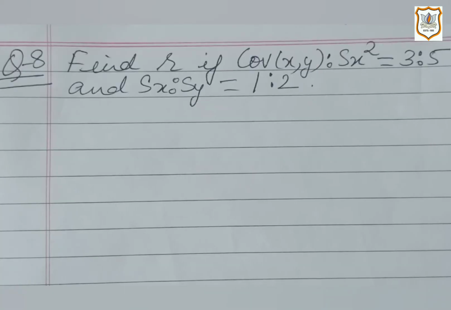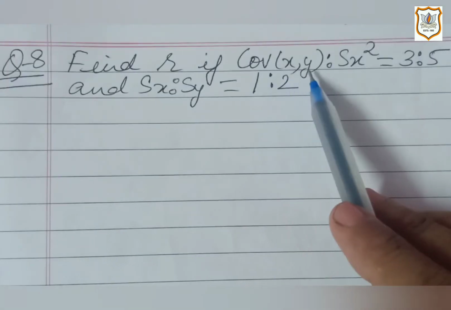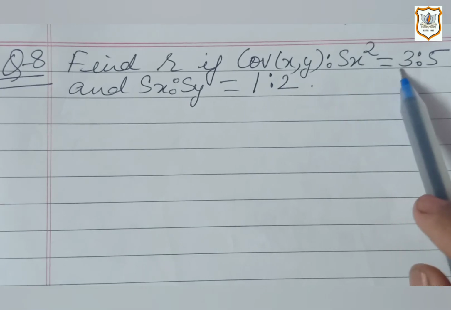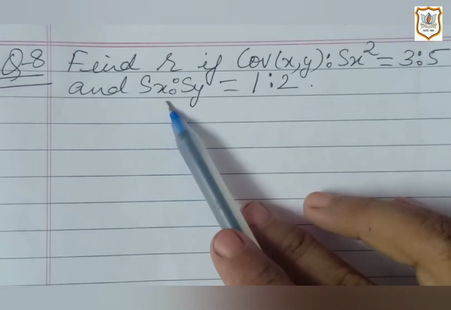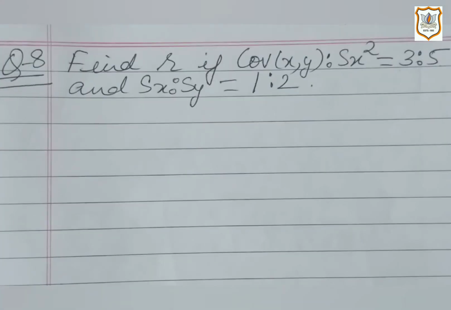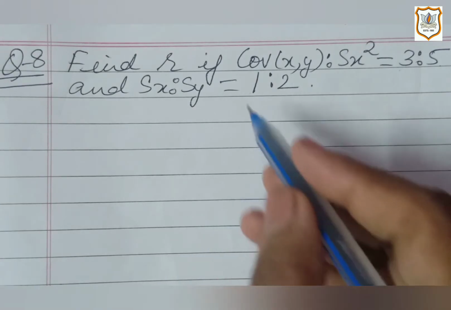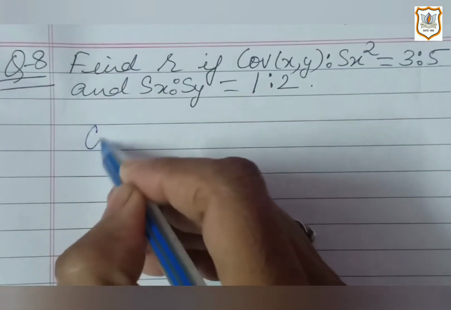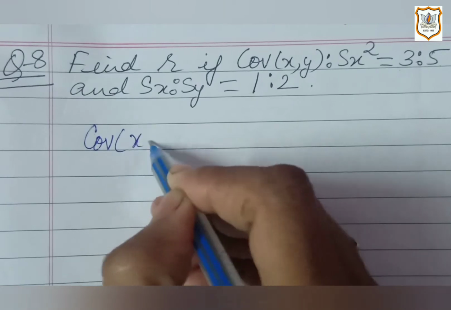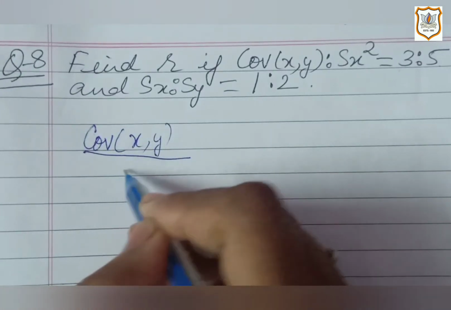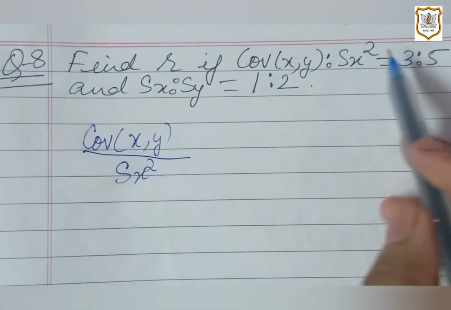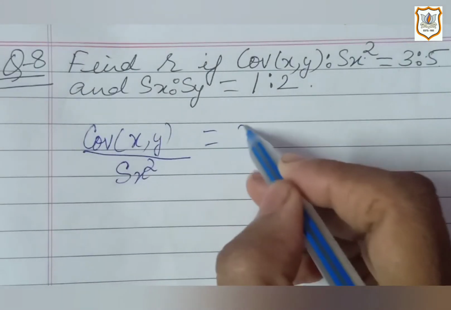Now let us solve another question, that is question number 8. Find R if covariance xy is to Sx square is equal to 3:5 and Sx is to Sy is equal to 1:2. So here from the first data we can write down covariance xy upon Sx square, that is this one, will be 3/5.